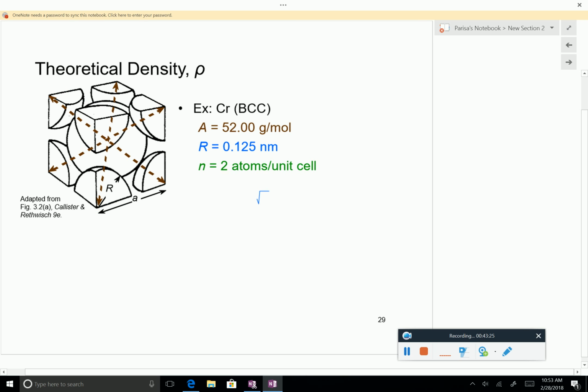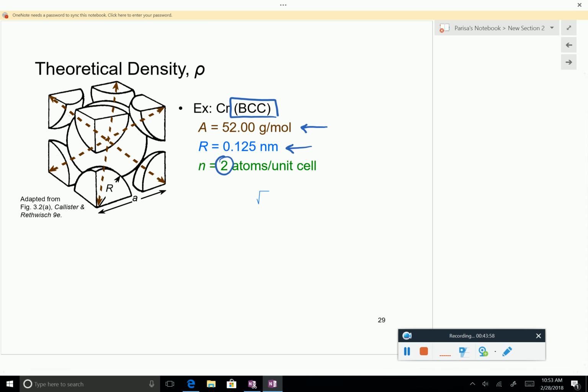Straightforward. Let's do a simple example. Here we have a material with BCC macrostructure. The atomic weight is given, the radius is given, and this is something you normally need to figure out yourself, but it is also now given.